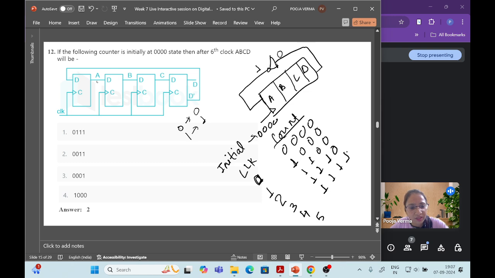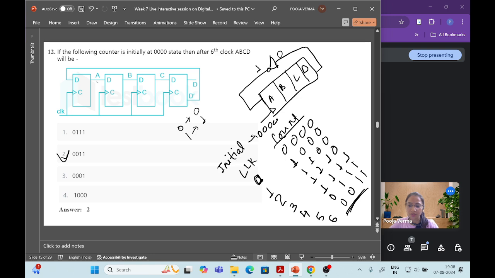It is now 1, so it will be complemented to 0 and given to A. So 0, 1, 1, 1. Now the 6th clock pulse. Again D is 1, so 0, 0, 1, 1. So at the end of the 6th clock pulse, the sequence is 0, 0, 1, 1. That's why option 2 is the correct answer for this question.